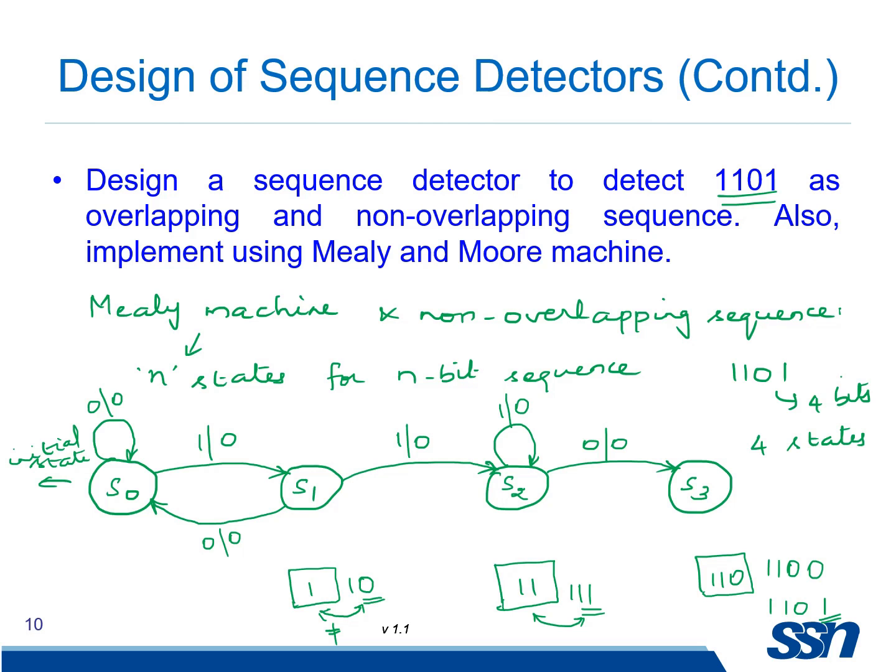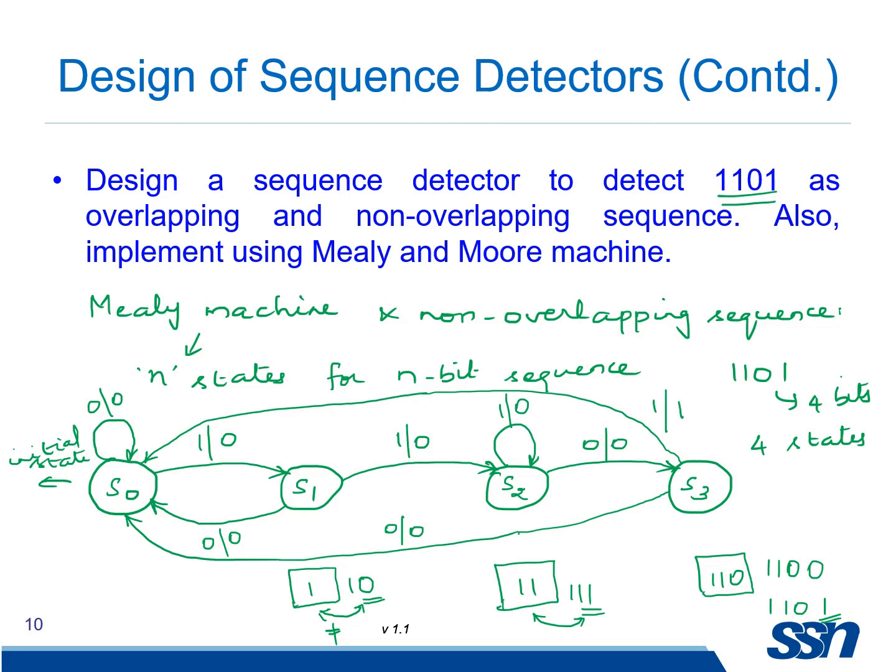If it is a 0, we go to the initial state, because our sequence will be broken there and we need to start afresh. So this is for 0 0, that is, if I receive an input 0. And if I receive input 1, the sequence is detected and we get output as 1. Okay, this is how we do it for the Mealy machine non-overlapping sequence.